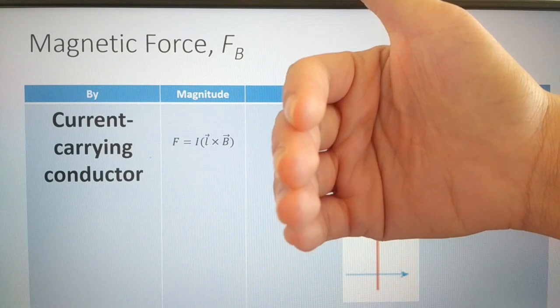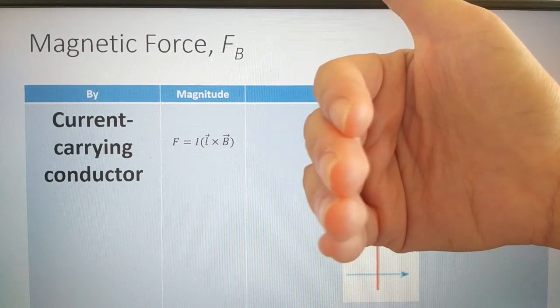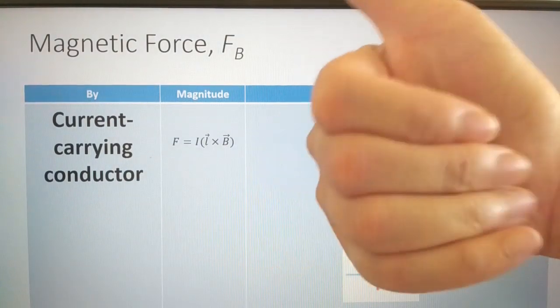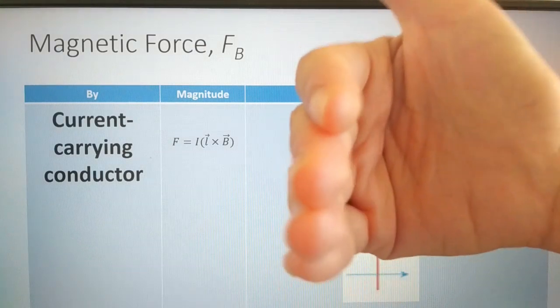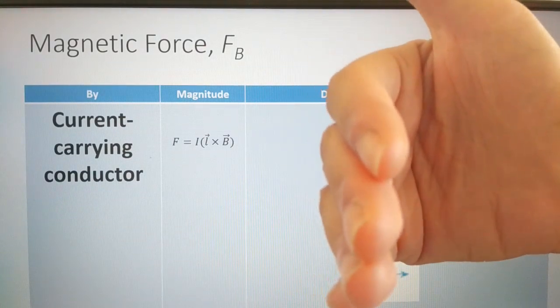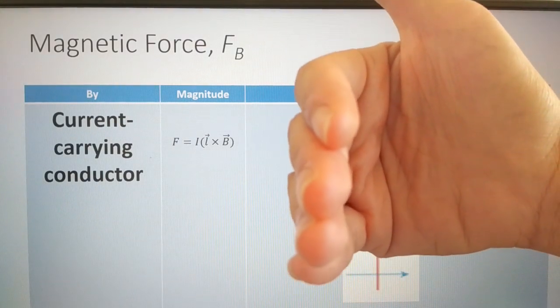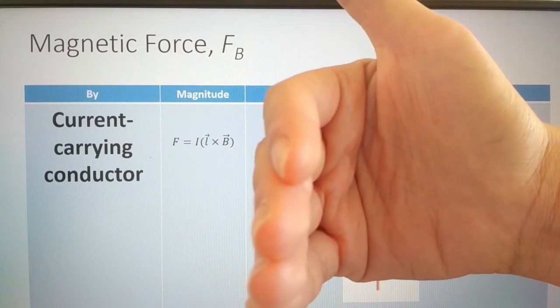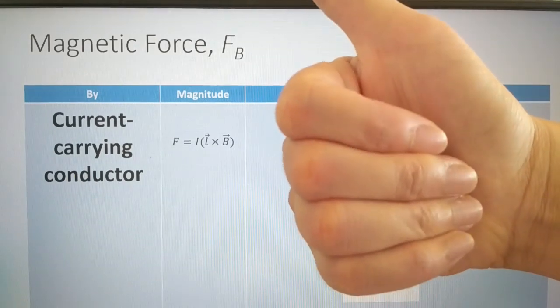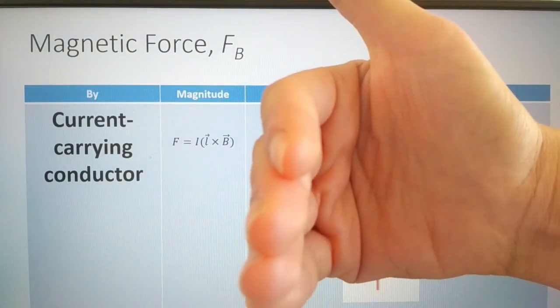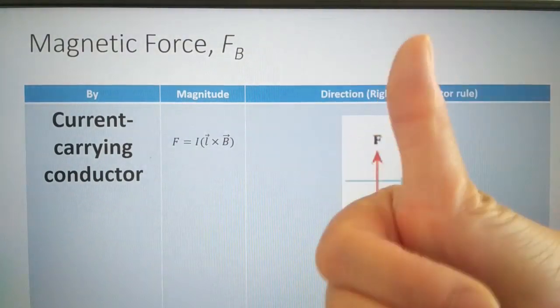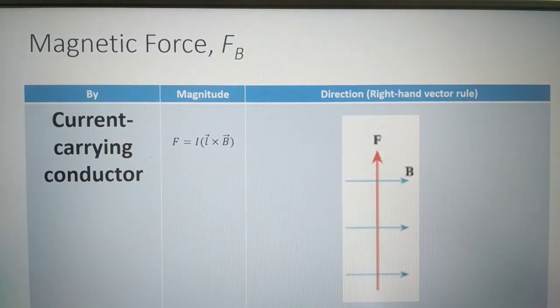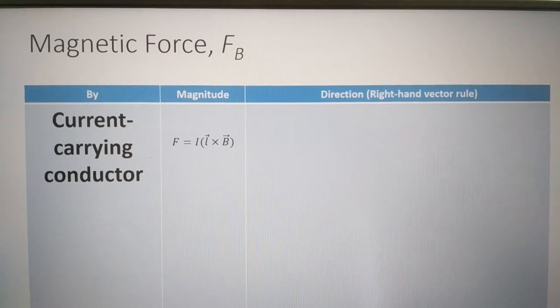So it must be right. Okay? So it must be when the current is out of the page. Only then you can point it to the right. I cross B, force upward. So current is out of the page.